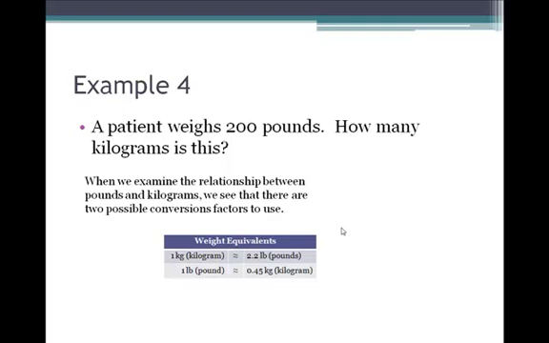And so our problem will reduce to a multiplication problem instead of a division problem. And so in doing so, we're going to select the bottom equivalent, 1 pound for 0.45 kilograms.